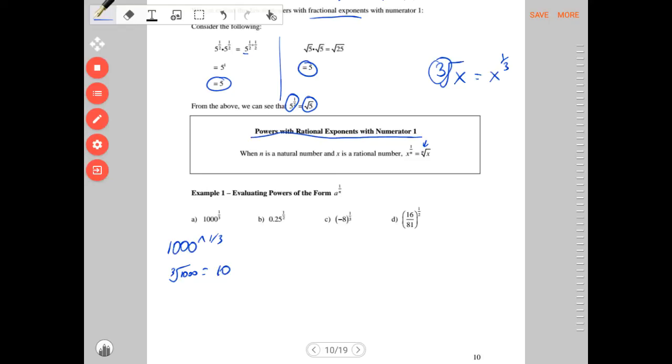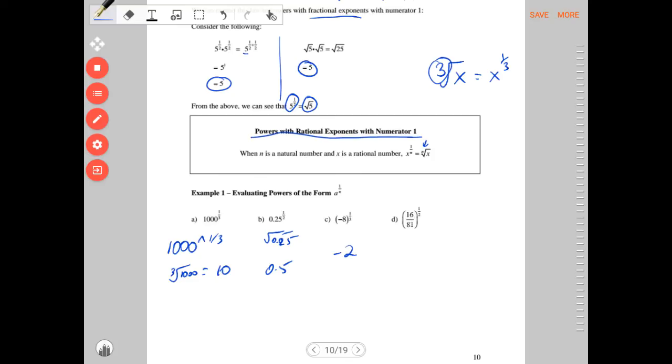Again, I'm just looking for you to type this into your calculator, but you can get this the other way. A 1/2 exponent is the same as a root, so for 0.25, the square root of 0.25 is 0.5. Again, you just type it into your calculator, you get it. Negative 8 to the 1/3 worked out to negative 2.